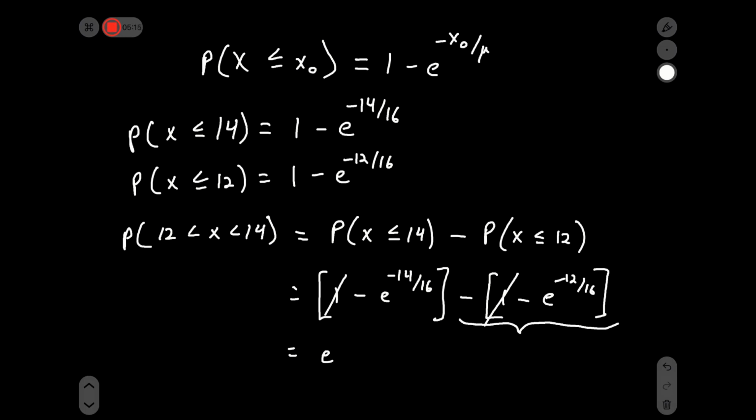Dividing both the top and the bottom of this fraction by 3 gives us negative 3 fourths, minus e to the negative 7 eighths, which approximately equals 0.0555.